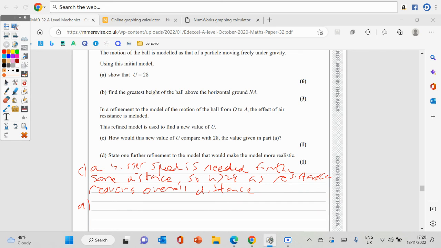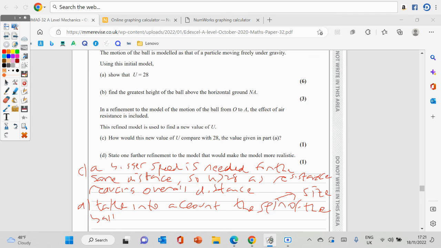Part D. State one further refinement to the model that would make the model more realistic. So the spin of the ball, size, I think, is also fine.